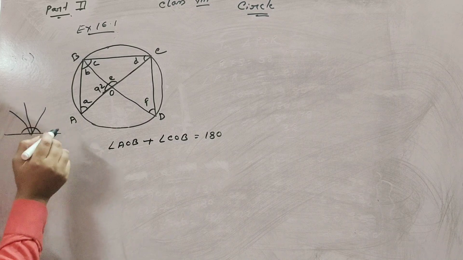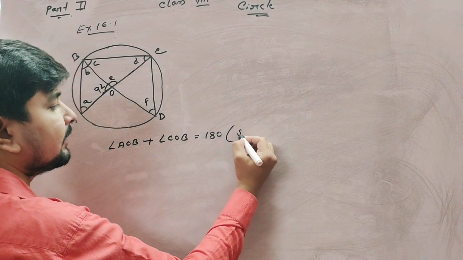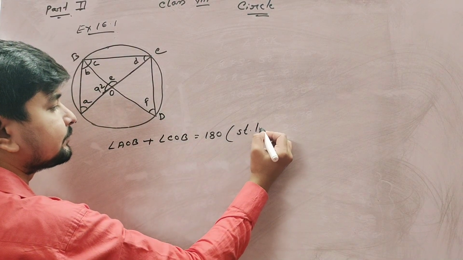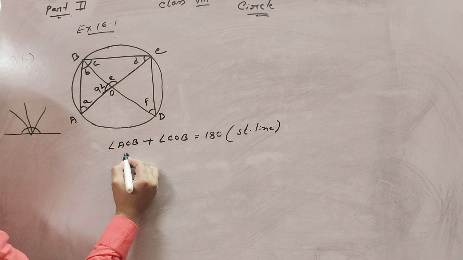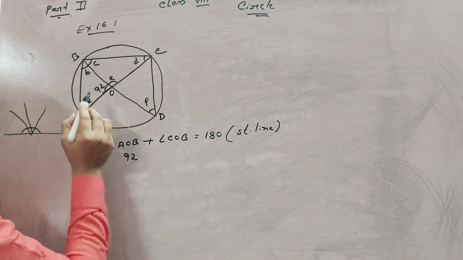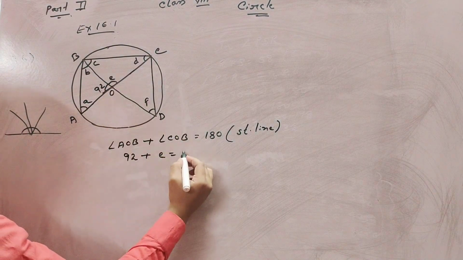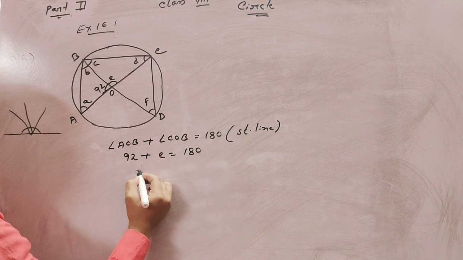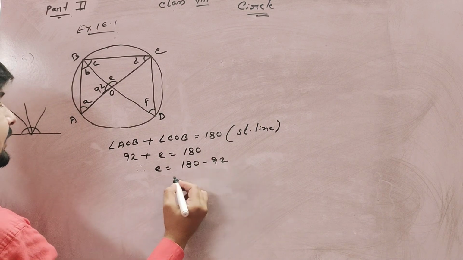The sum of all these angles is automatically 180 degrees. You write the reason: straight line. In place of AOB we write 92. In place of COB we write E, equals 180 degrees. Therefore angle E equals 180 minus 92.